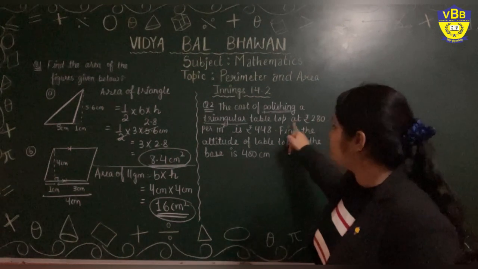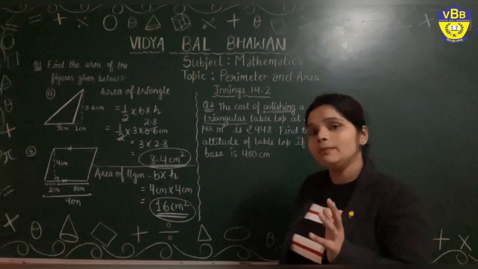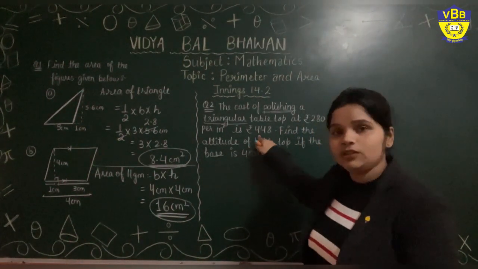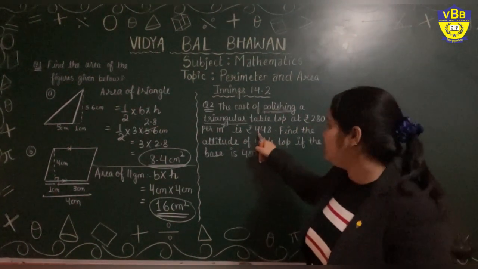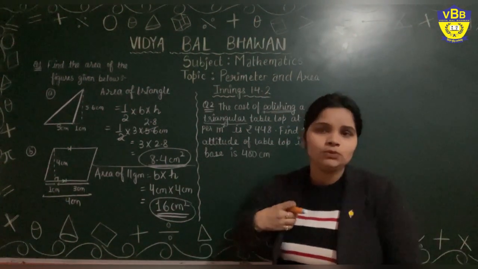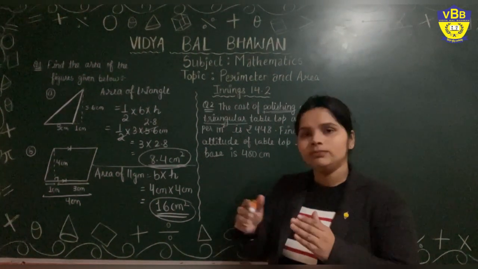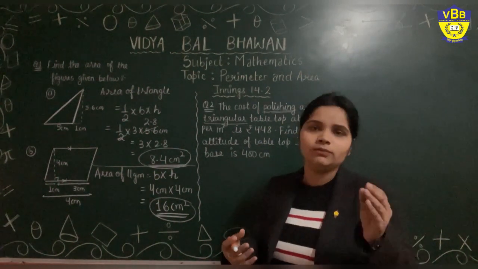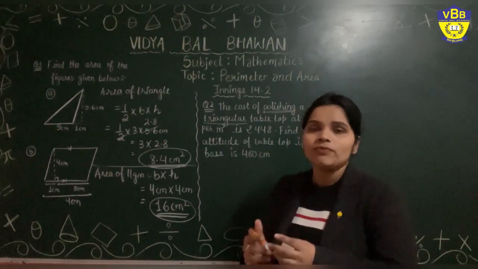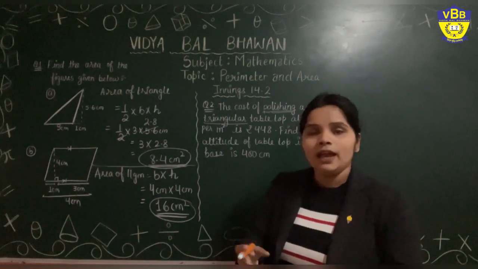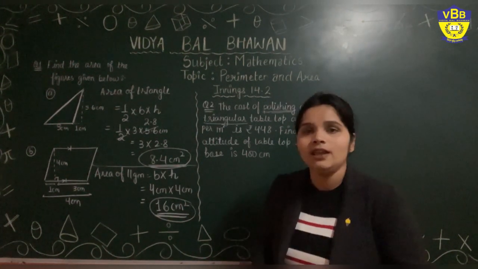In that case, you need to find the total area which needs to be polished. I am paying this total cost, and the per meter square cost is this. If I divide the total cost, suppose I need to pay 500 rupees to polish any table, whether it is rectangular, a parallelogram or triangular, and 1 meter square costs 50 rupees, what is the area I need to polish?